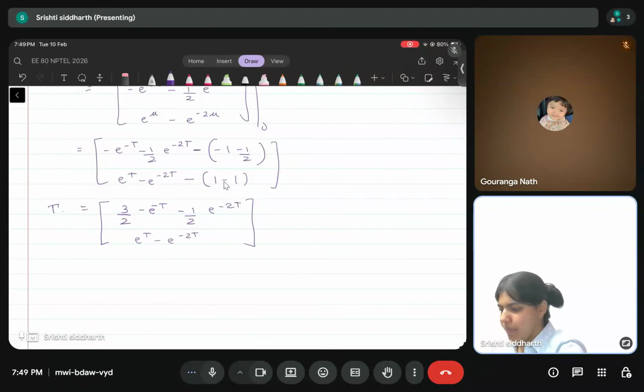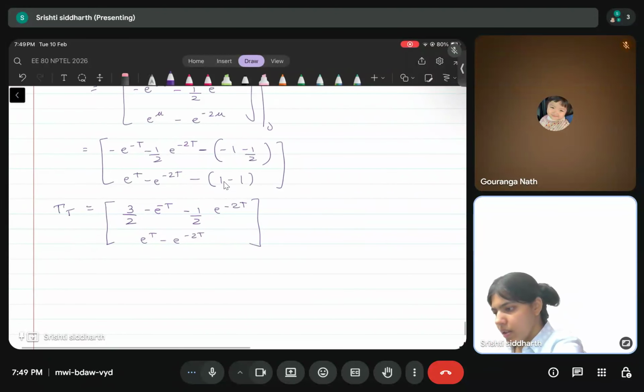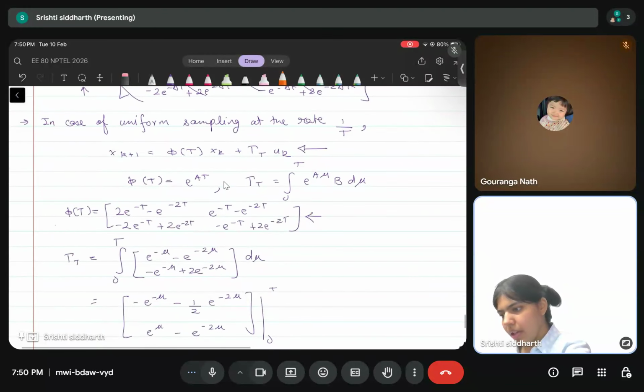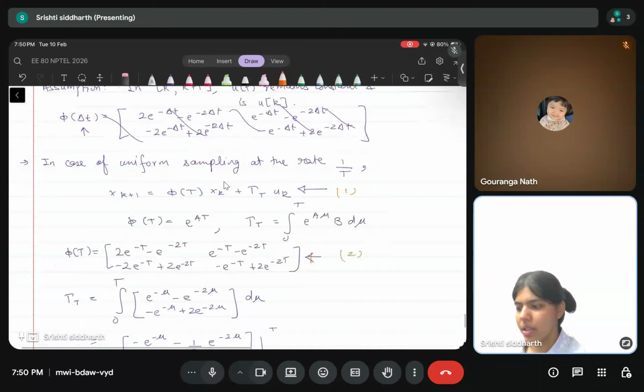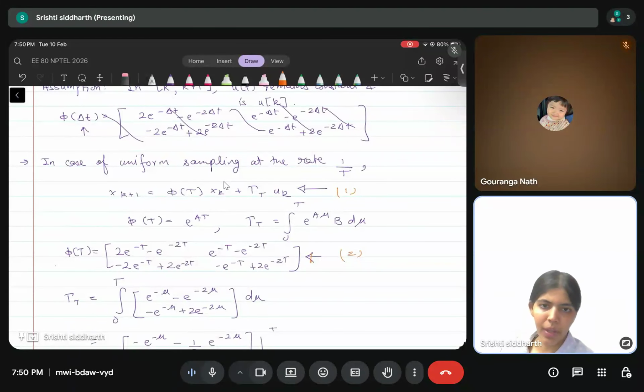So substitute 2 and 3 in 1 to get the discrete equation at uniform sampling rate 1 over T.